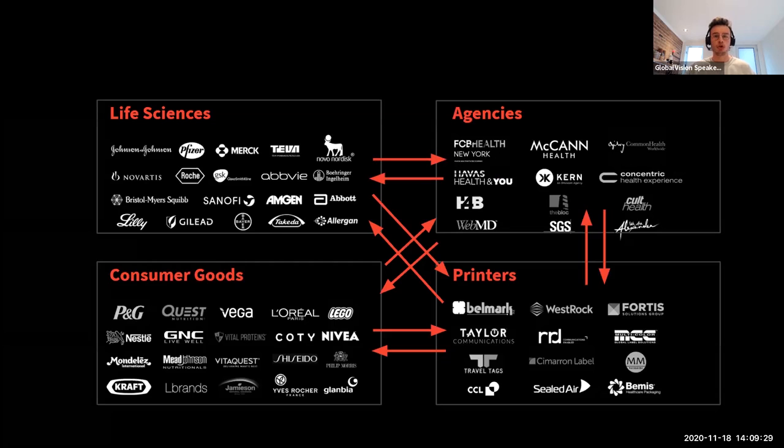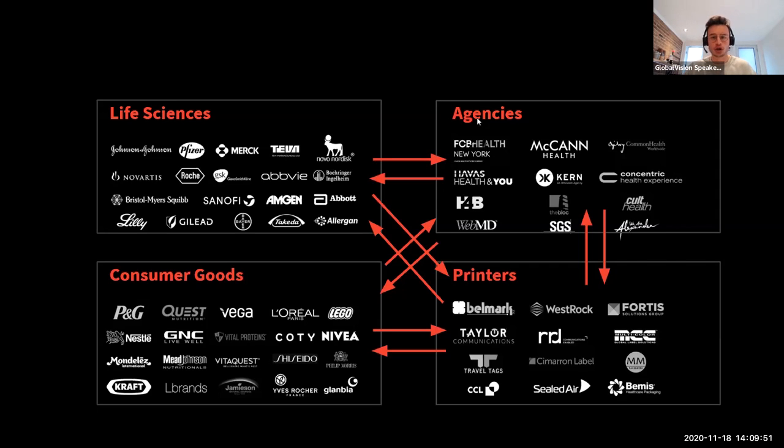And because of this, we really need to start working together, and we are all working together, right? If you look at this relationship here on the top, the life science companies' goal is to release products, drugs, and medical devices out into the world that have all the instructions written properly, that follow FDA regulations, that have no mistakes.